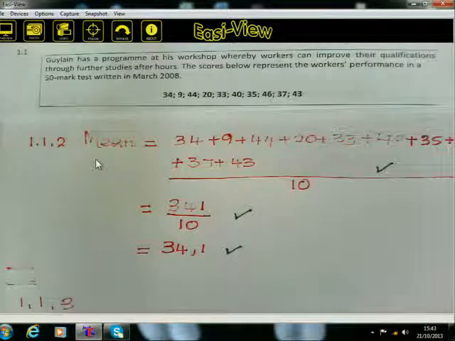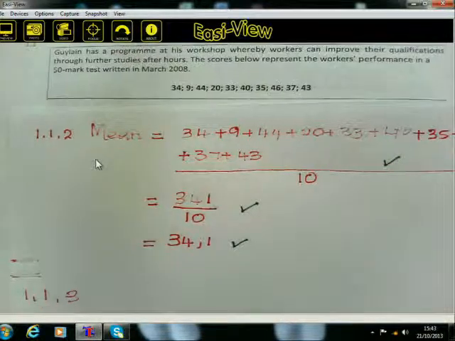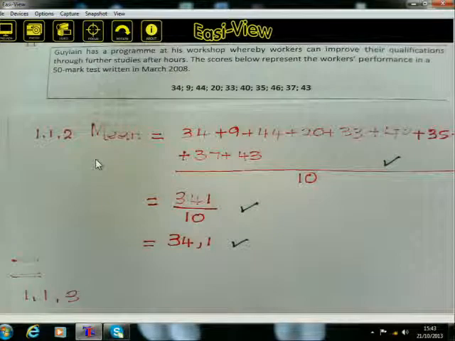I will give you 1 minute to check which numbers will follow each other. Good. We can start together.